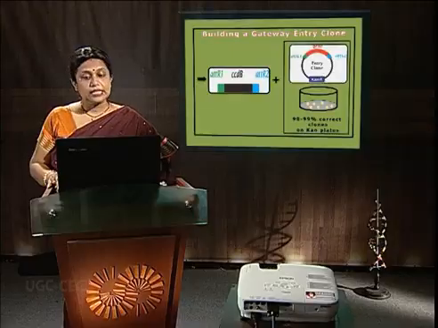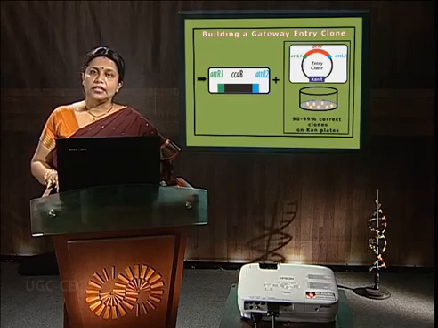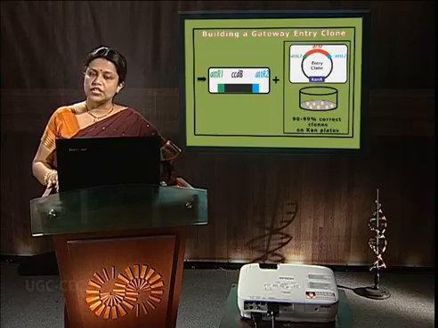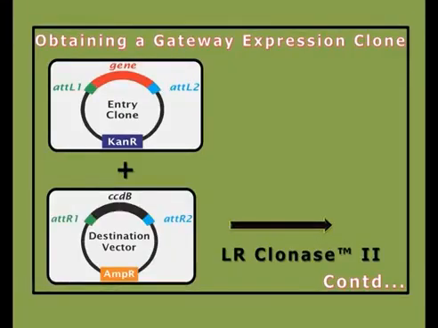Once this entry clone is created, the gene of interest can be transported to many different vectors depending on the nature of the host. You can see here how the entry clone is transferred into an expression clone. The gene of interest lies between attL1 and attL2. Then we have the destination vector.